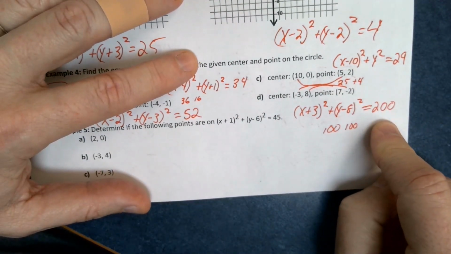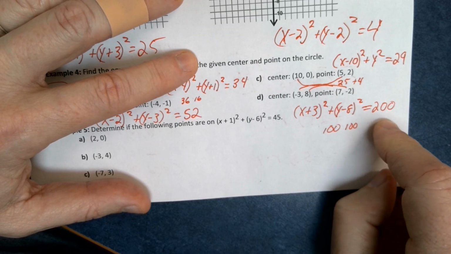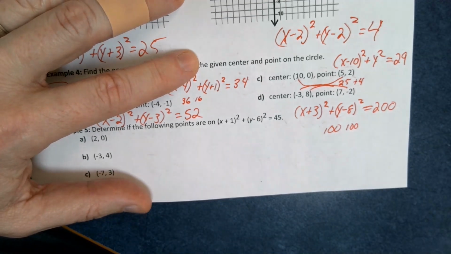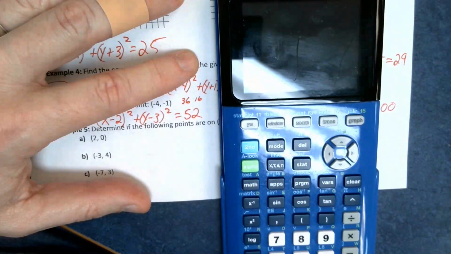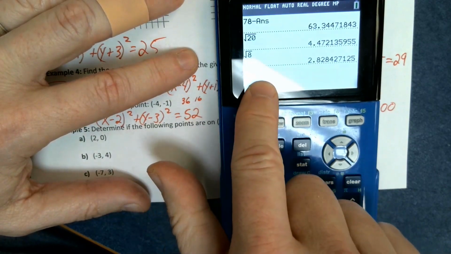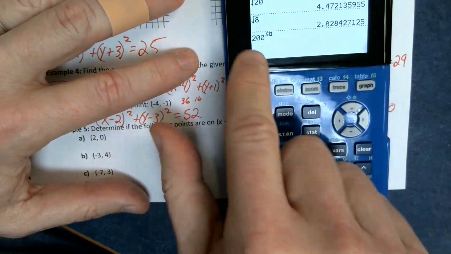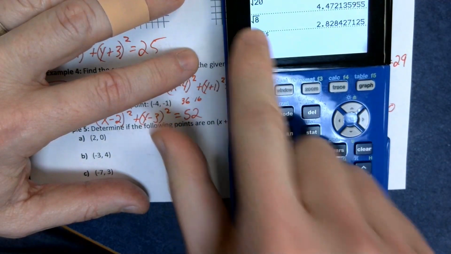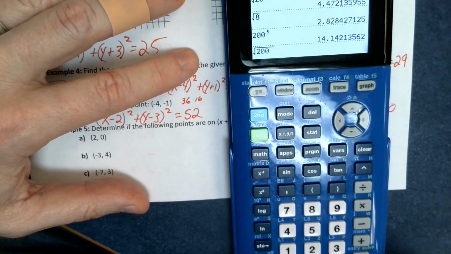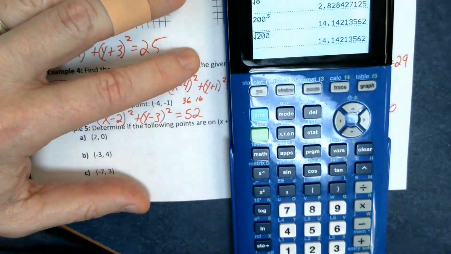Again, the square root of 200 will tell you what the radius is. And again, the square root of 200 is probably right around 14.1. So if I did 200 raised to the half power, knowing that 0.5 power is the same as a square root, hit enter, you get that. Square root 200, you see that those are both the same numbers. Okay.